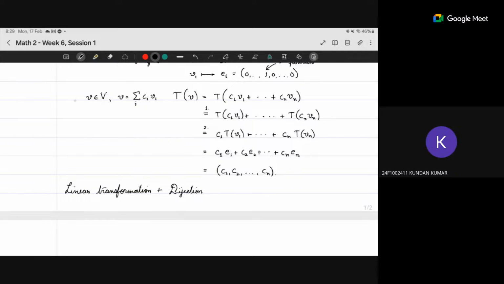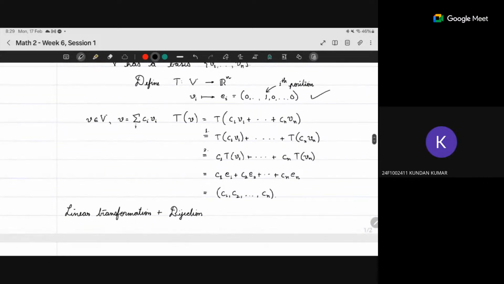So here, in this part, I've tried to describe what this map T does. Initially, I just said that this determines the whole map. Just sending Vi to Ei determines the whole map. In what sense? I expanded on that over here. Given any element V in the vector space V, I can write it as a linear combination of the Vi uniquely.